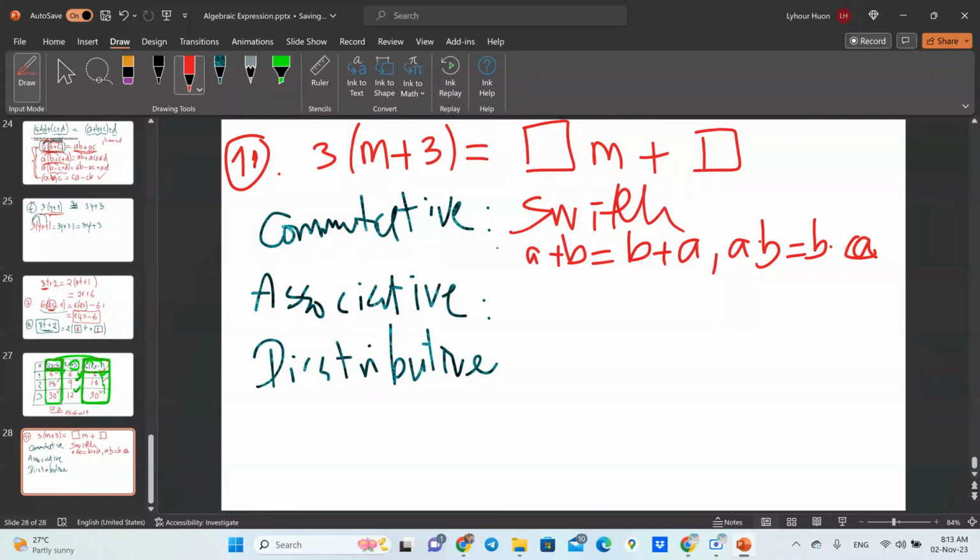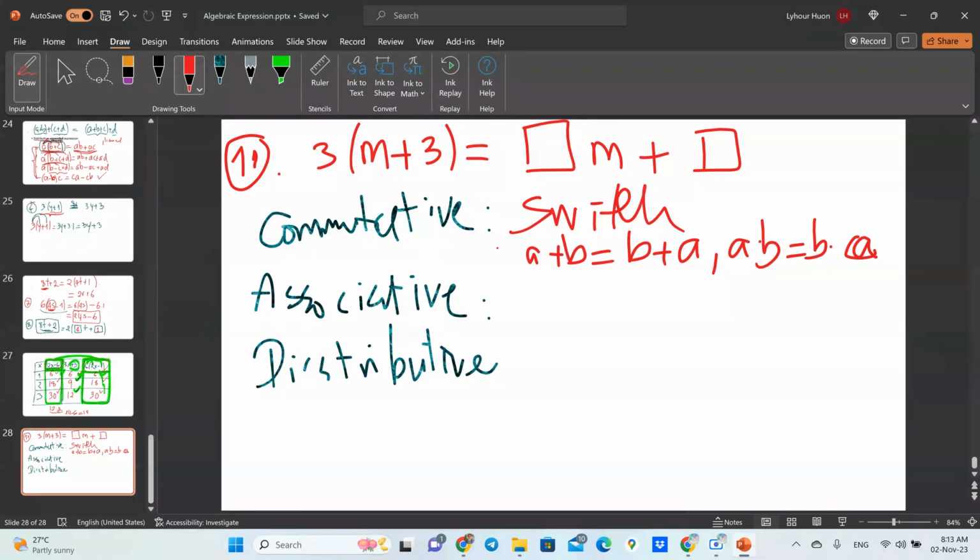Associative, okay, now we actually get the concept. It's actually the order of grouping. Let's come into the practice. For example, you come to this group, it's the same; you come to this group, the result will be the same. So that is associative.